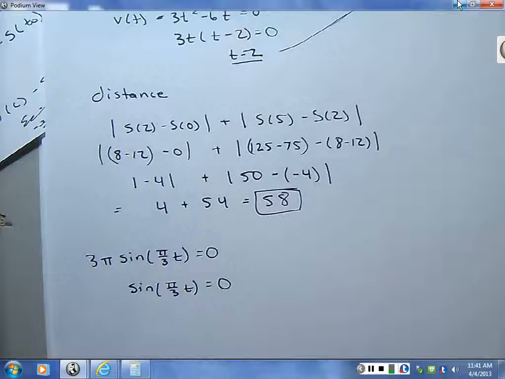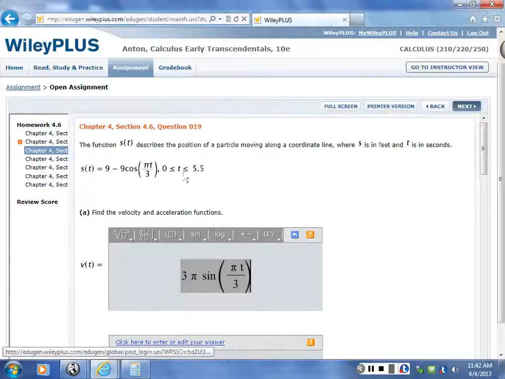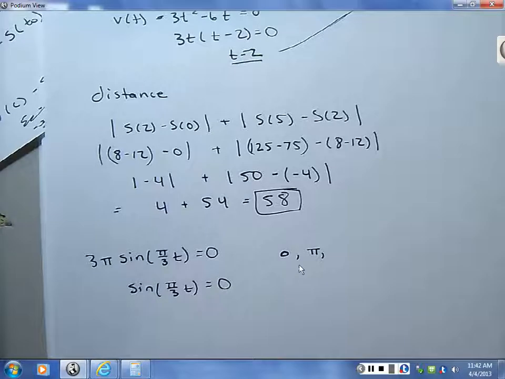When does sine of an angle equal 0? 0, pi, 2 pi, and multiples. So we have to check our interval here. What interval do I care about? 0 to 5.5. So 0's in there. Pi is in there. Is 2 pi in there? No. So 0 and pi are the only points in this interval, right?